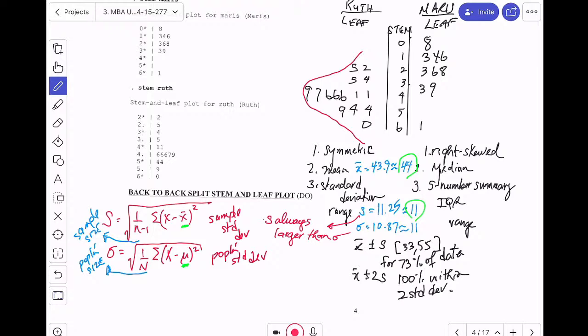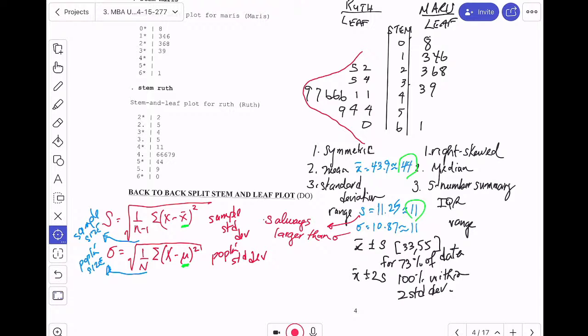All right, questions? Now for Maris, you need to calculate the 5-number summary, the IQR, and mention the range. For both of them you can say the range.